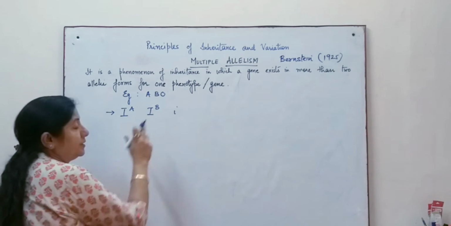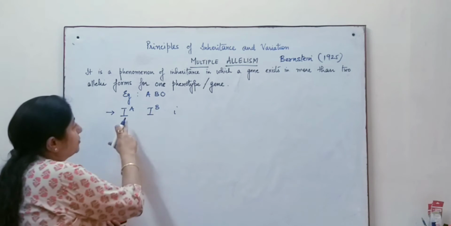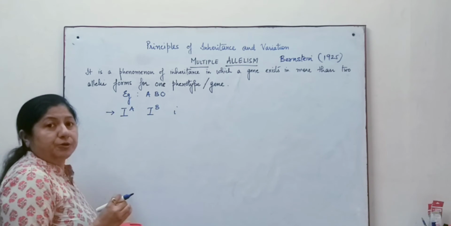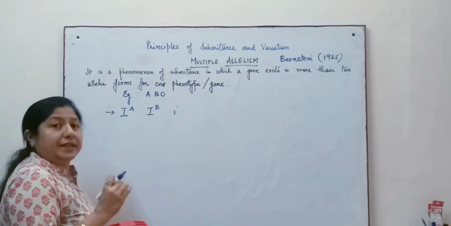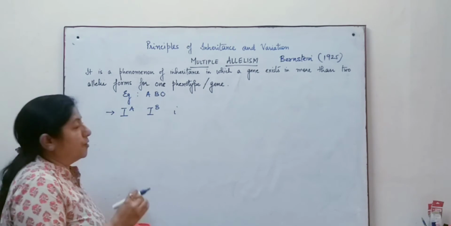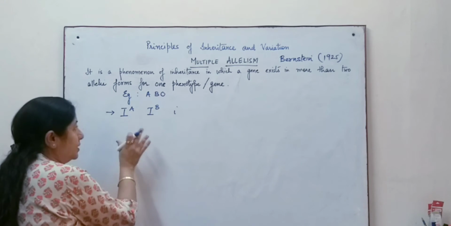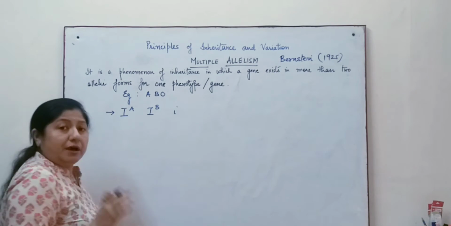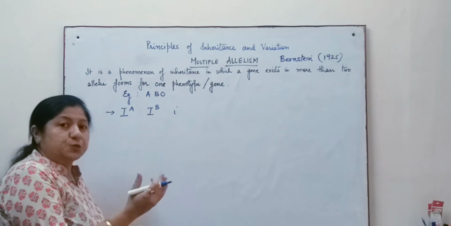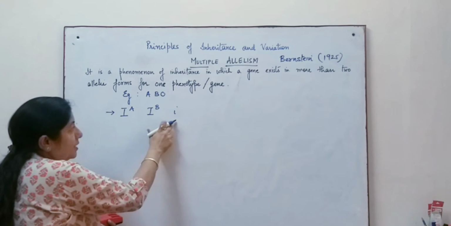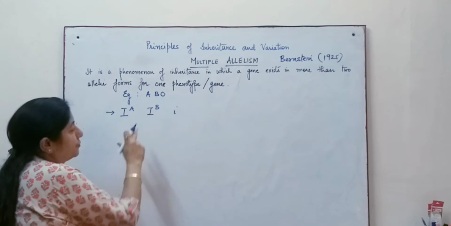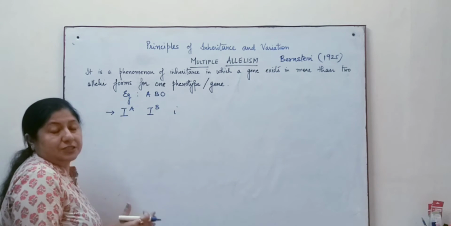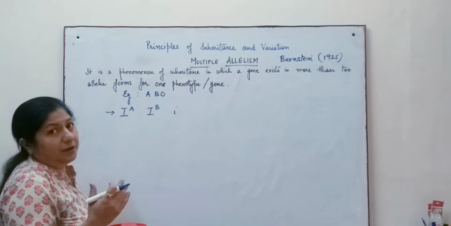All three alleles contribute in deciding the phenotype of an individual, that means the blood group. However, only two are required to express it. Not all three are present to express the phenotype; only two of the allelic forms have to be there to express the blood group.